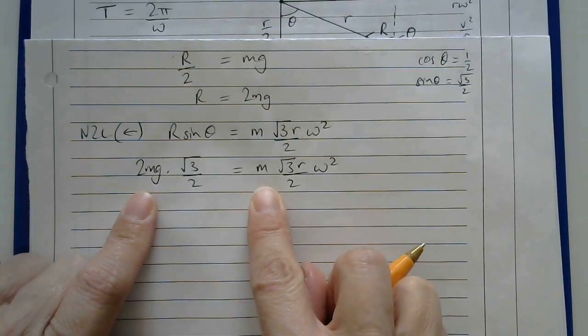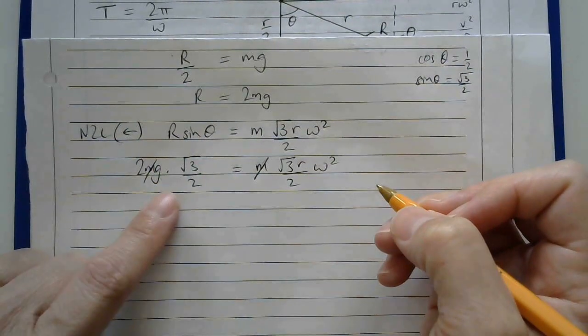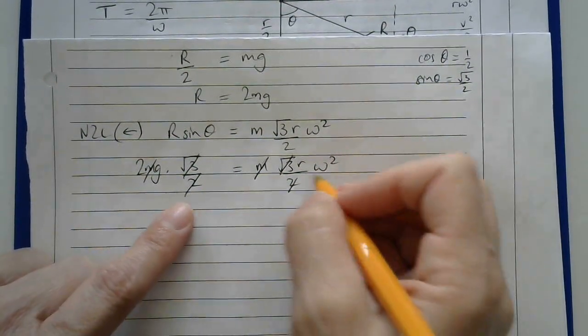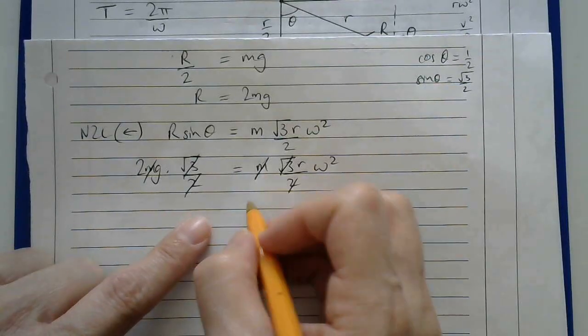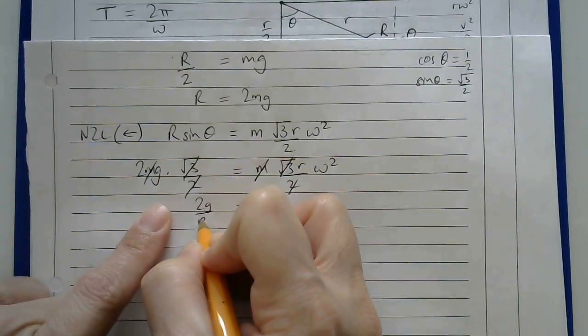So let's see what we can tidy up here. I can divide both sides by m. I can divide both sides by root 3 over 2. And I could divide both sides by r, so that I end up with omega squared is 2g over r.